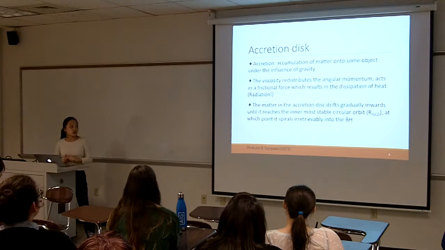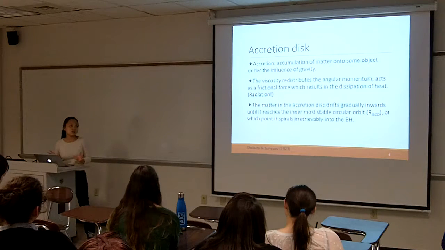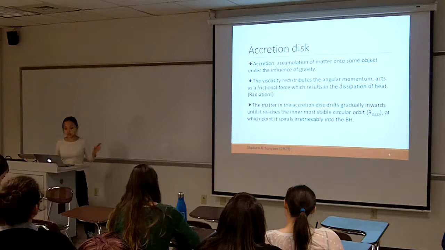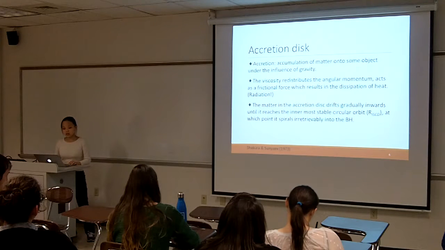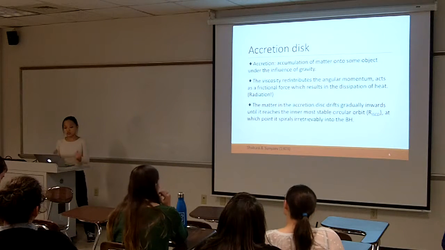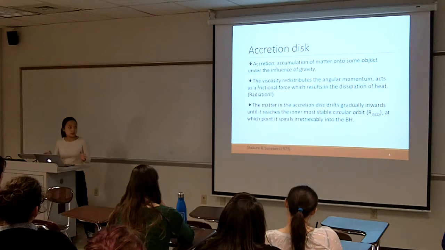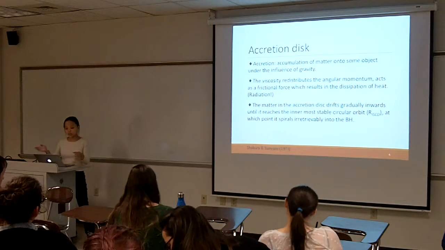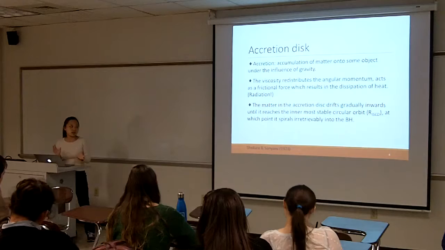The viscosity of the matter works as a frictional force, which results in dissipation of heat, that is to say, radiation. That's why we observe the black hole. The matter in the accretion disk drifts gradually inwards until it reaches the innermost stable circular orbit, that is the ISCO. If it moves beyond this point, it will irretrievably be absorbed by the black hole.